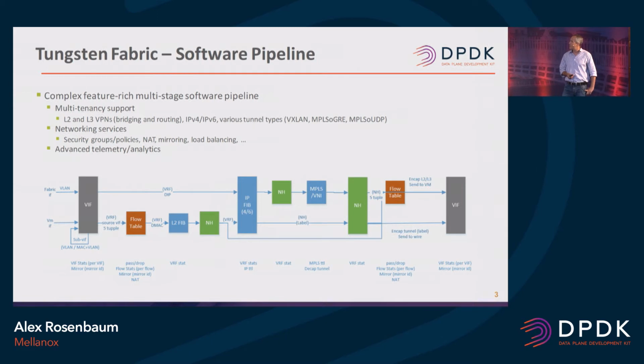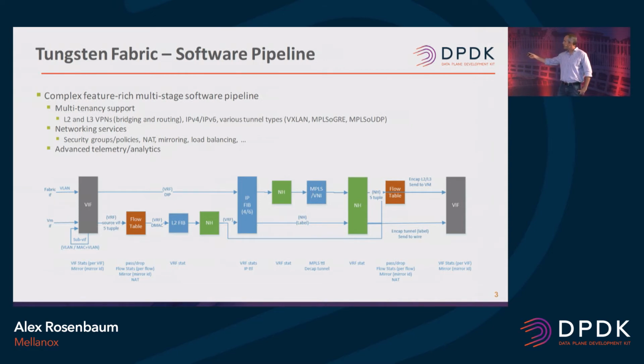There are a lot of security and policies, mirroring, load balancing, and a lot of telemetry. I'm sure OVS has that too; I'm not exactly familiar with the amount of detail. I understood that the amount of telemetry and statistics analysis that can be taken out of Tungsten Fabric is more advanced or further down the road.